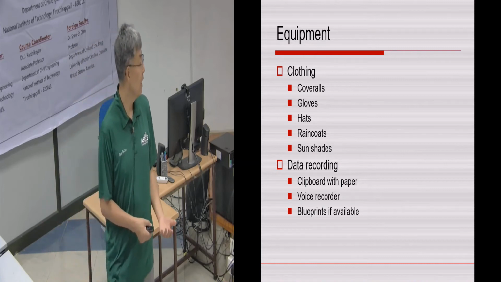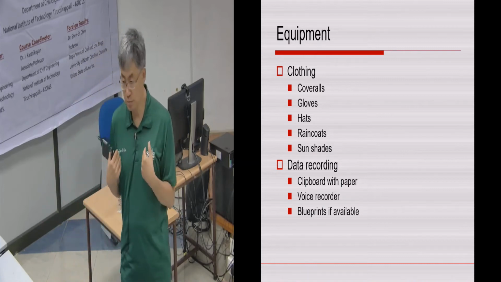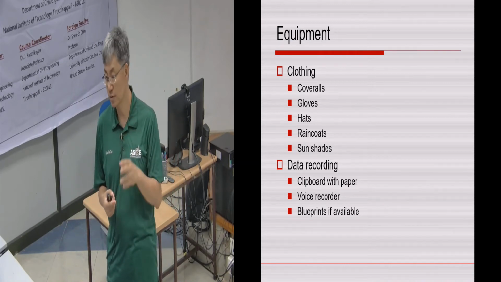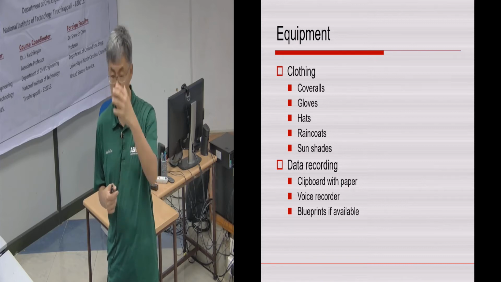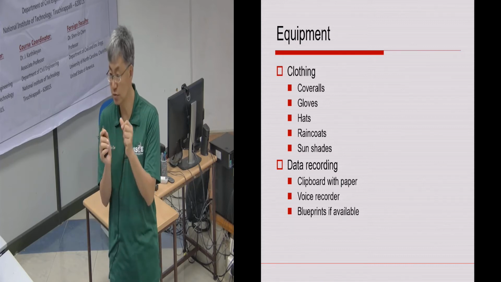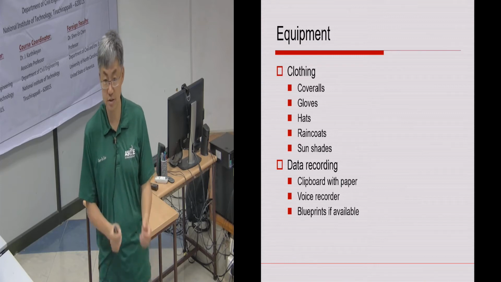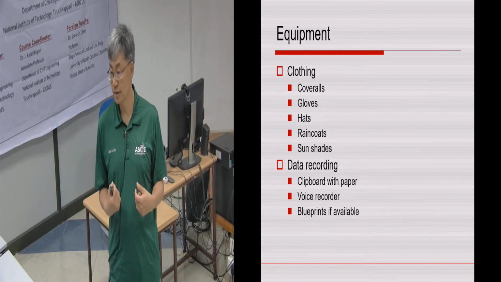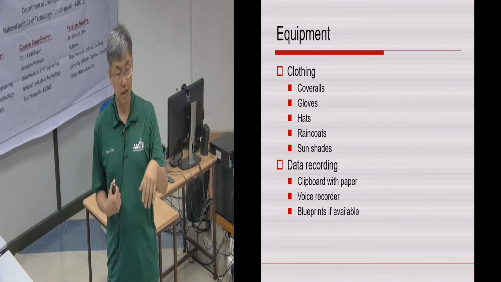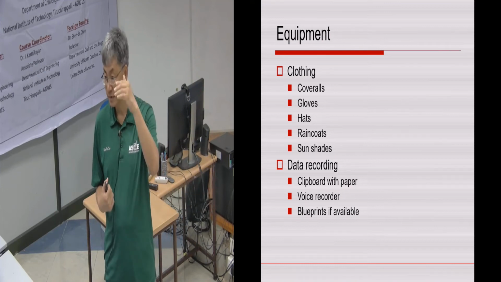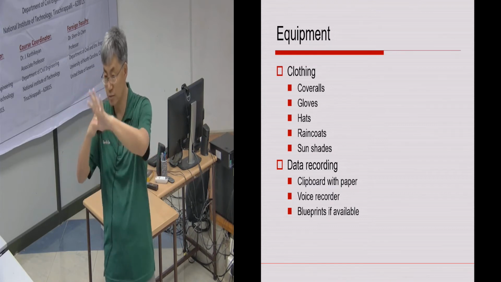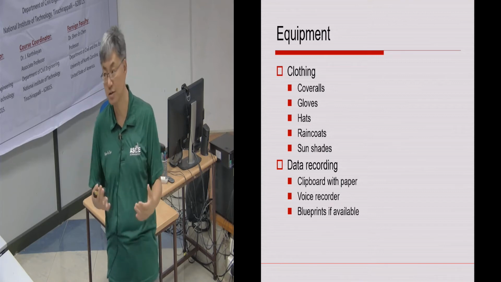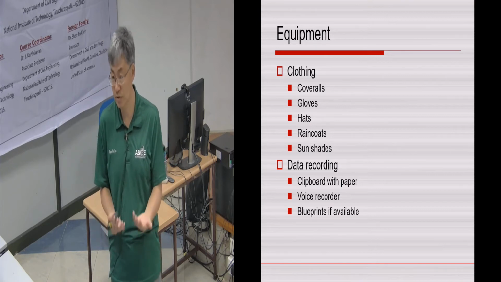And so you should prepare yourself. A hard hat is always required, especially for construction failure cases. Always wear a hard hat. Gloves so you don't cut your hands, and always wear long pants, no shorts. Raincoats if it's raining. Sunshade: I like to wear a baseball cap because the sun sometimes will change the way you see things, and working under the sun can be very hot, so you want to protect yourself.